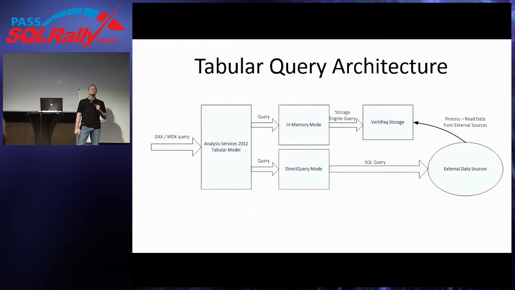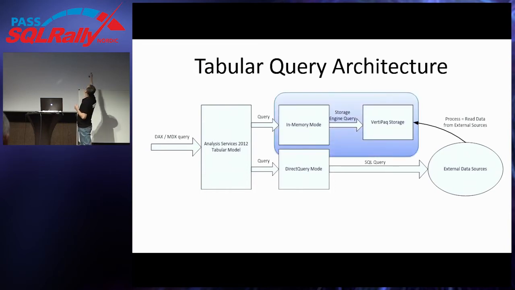I'm here to speak to you about tabular, about DAX, the query architecture of DAX, so how it works, how DAX is able to run so fast, and what are the engines that live inside the DAX engine, and then how to use the profiler in order to get the best out of it. The main interest will be in the in-memory mode and Vertipaq.